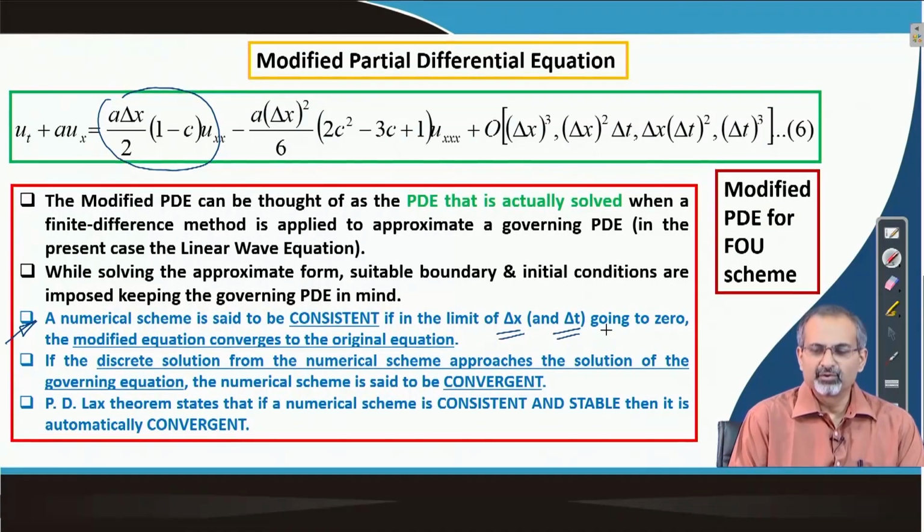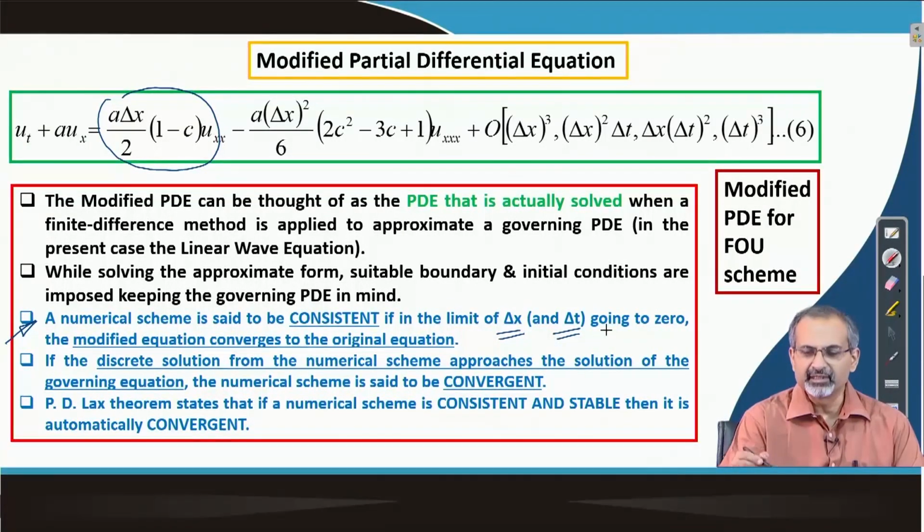That means, if you look at equation 6 above, if you were to limit the delta x's that you see over here to 0, then you should be able to retrieve the exact equation, and we can very easily check that that is what happens over here.